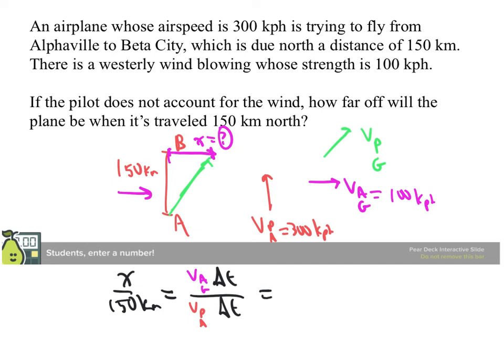So it's going to equal 100 to 300, which means that x would have to be 50 kilometers.